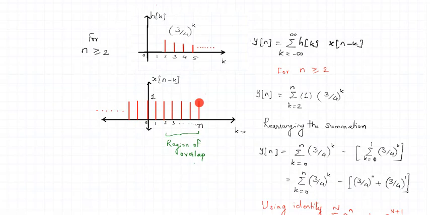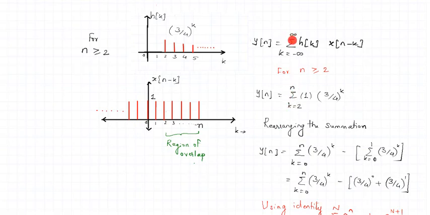So the overlap is the samples from the time instant 2 to where we place n. If n is placed further out, more samples will be covered. So n decides where we stop the overlap. The time instant 2 is the starting instant of overlap. So the region of overlap is from 2 to n, and this region governs the limit of the summation.